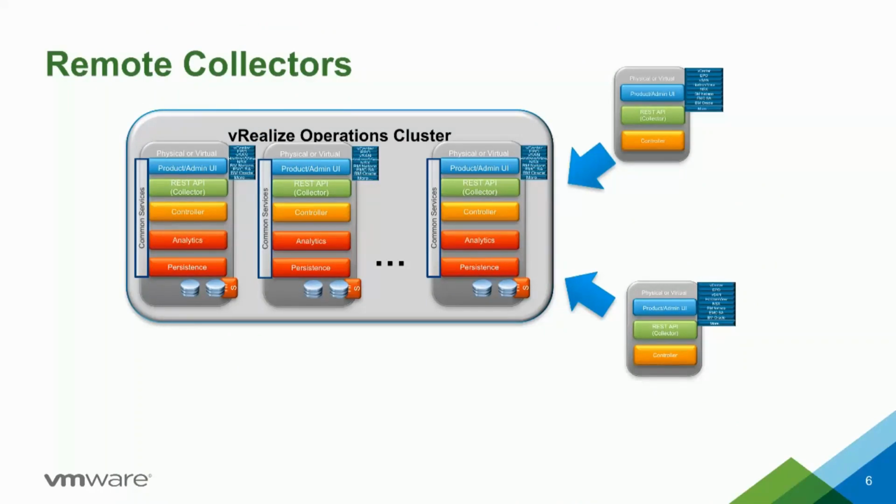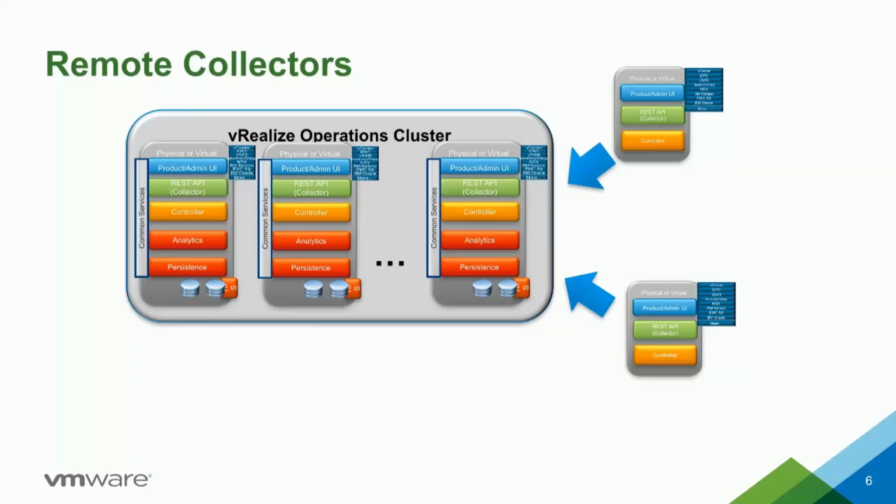The remote collectors can also be used to bring in data and offload the amount of data ingestion that a data node has to do. So if I have a very large environment, I may decide to deploy remote collectors locally to ensure that the processing node or the data node has enough resources, doesn't have to do all the work of collecting the data, and can just ingest the data in a pre-formatted way from the remote collector.